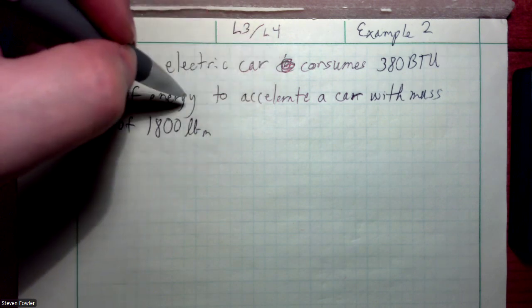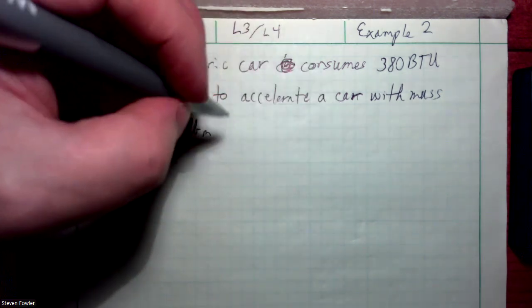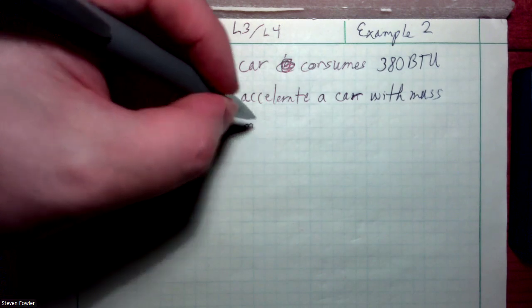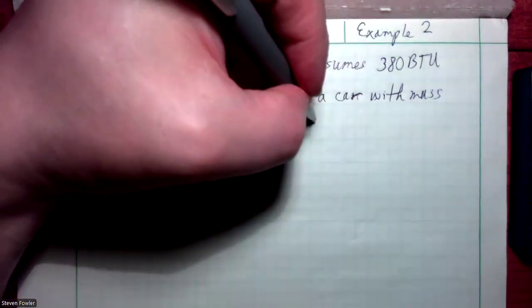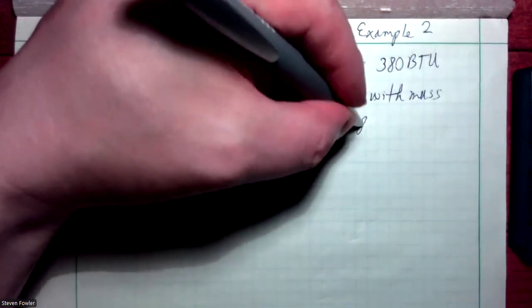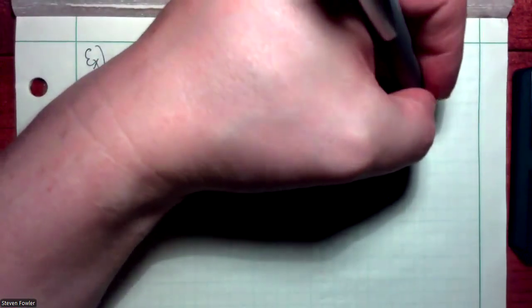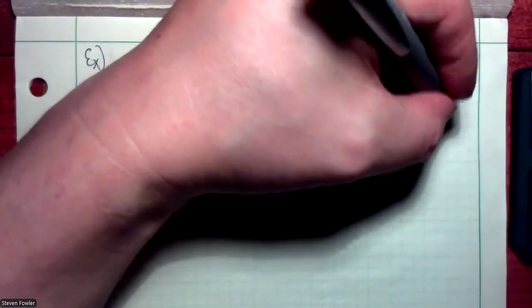So we're going to accelerate a car with a mass of 1,800 pound mass from rest to a speed of, I'm going to use a weird number, 328,000 feet per hour.